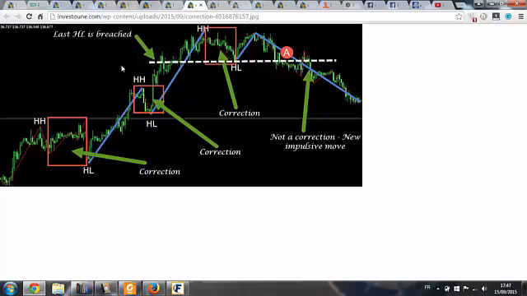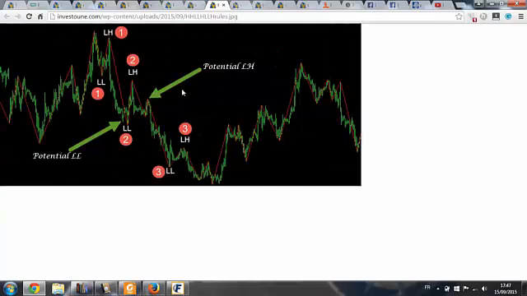So it's going on like here. There is a potential lower lower, like you see here, but it is not confirmed by an impulsive move. Like you see here, the price goes up and goes down quickly, not like a lower lower that has a new correction and an impulsive move that confirms it.